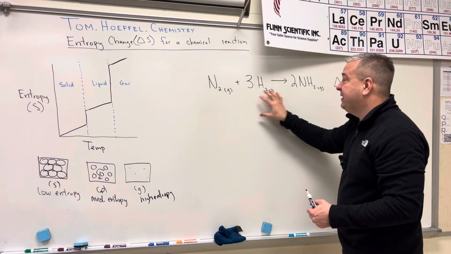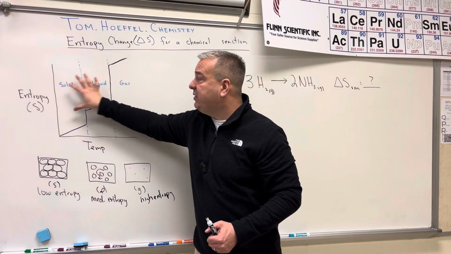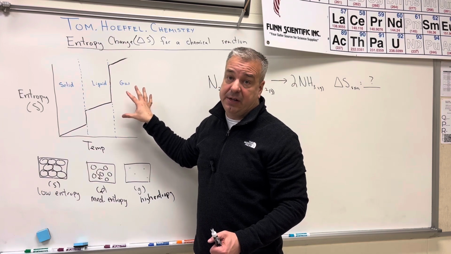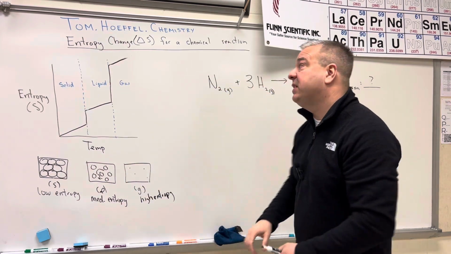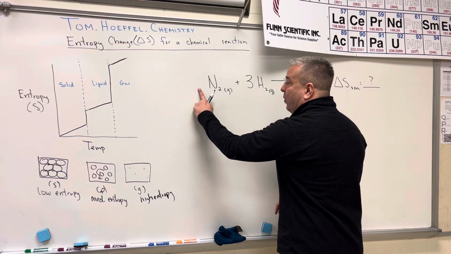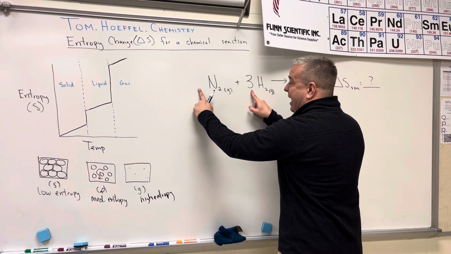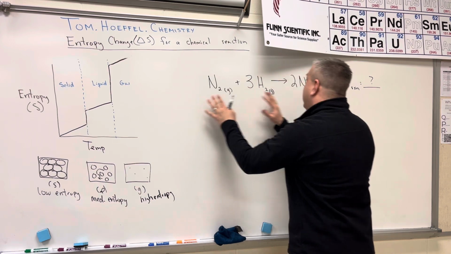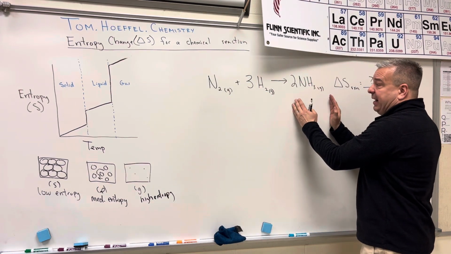Since everything is in the same state of matter, we can't use state changes to determine if that entropy change is going to be positive or negative. But what we can use is the number of molecules. There's one nitrogen molecule and 3 hydrogen molecules on the left-hand side, so there's 4 on the left-hand side, but only 2 on the right-hand side.